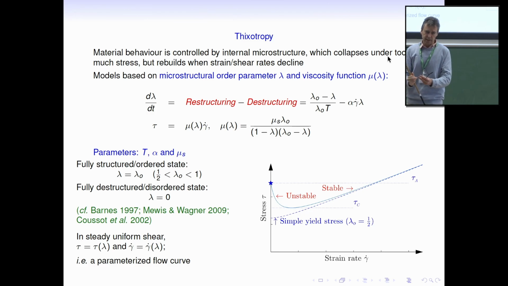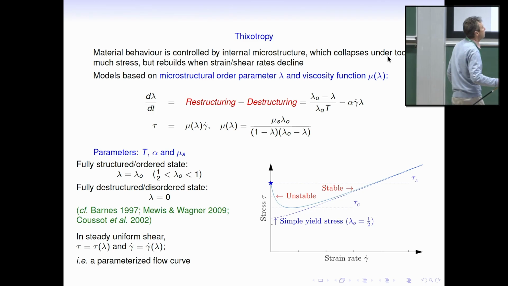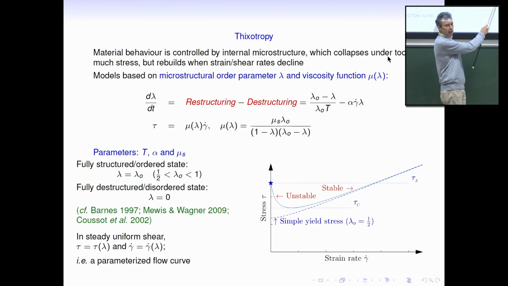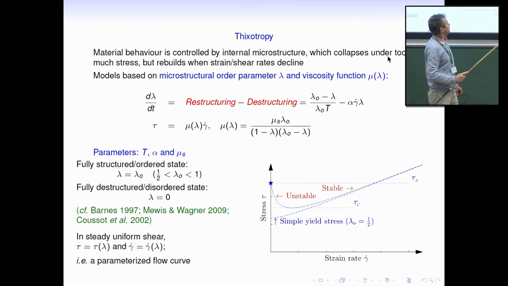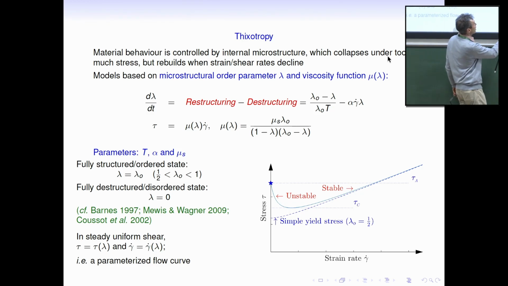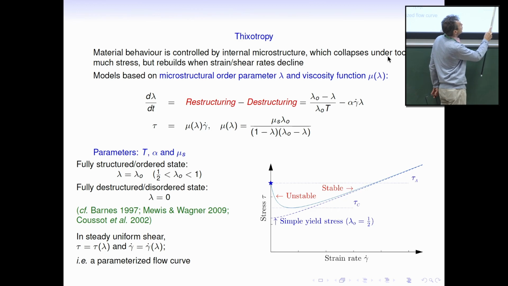There's some rate associated with it. It's the rate at which the structure wants to form itself. But then the destructuring is because you're forcing it to move. And the rate there is just given by the shear rate. So you've got this competition between restructuring and destructuring. In steady state, there's a relationship implied here between this microstructural parameter lambda and the shear rate.